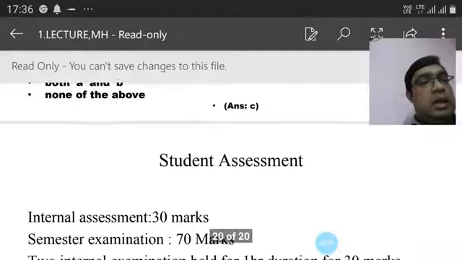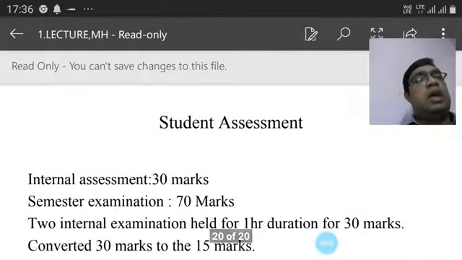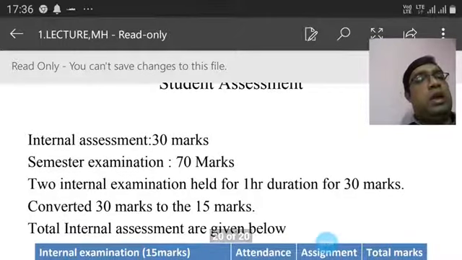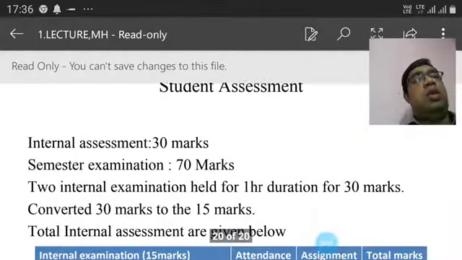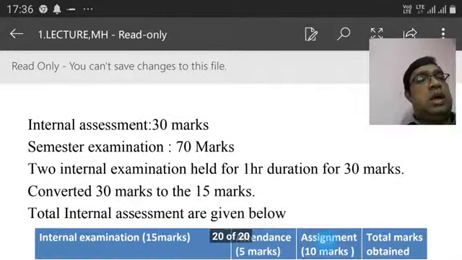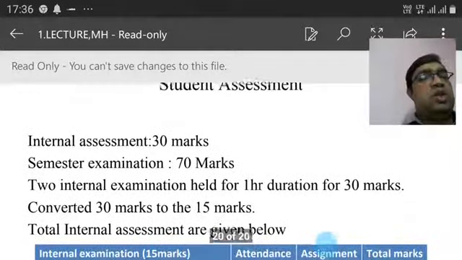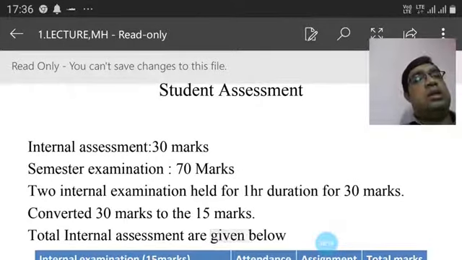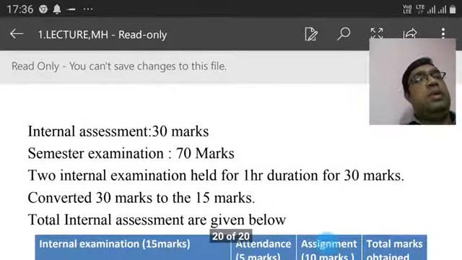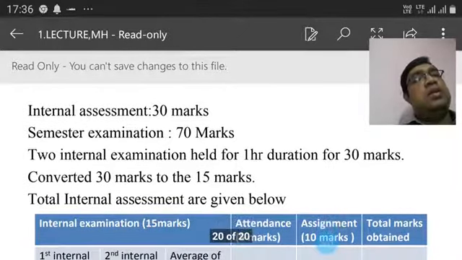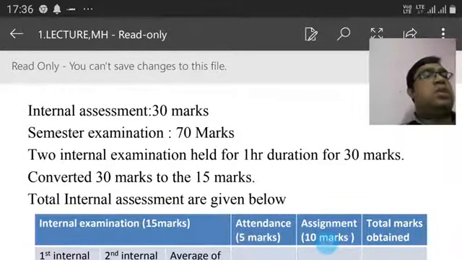Now, for student assessment during the examination, two assessment procedures will be followed: the internal assessment and the external assessment, that is, the semester examination. Internal assessment is for 30 marks and the semester examination is for 70 marks. The 30 marks come from two internal examinations held for 1 hour duration, each for 30 marks.